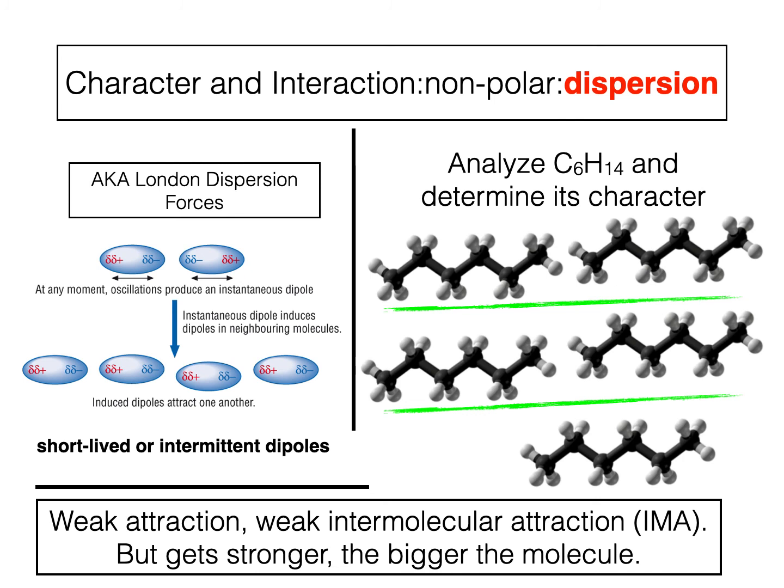If I had a container holding hexane, like a beaker, and I set it out in the lab, you would be able to smell it throughout the room because it would be evaporating very, very readily because of the very weak dispersion forces. Now, if you've got a nonpolar molecule, this is it. This is the only kind of IMA that could exist between nonpolar molecules.